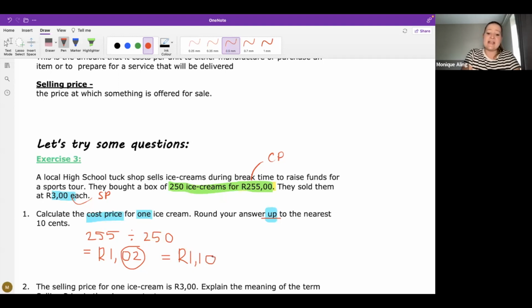Normally if they said round your answer to the nearest Rand, you would say 1 Rand. But because they said round your answer up, they're forcing you to move it up to the nearest 10 cents, which is 1 Rand and 10 cents.